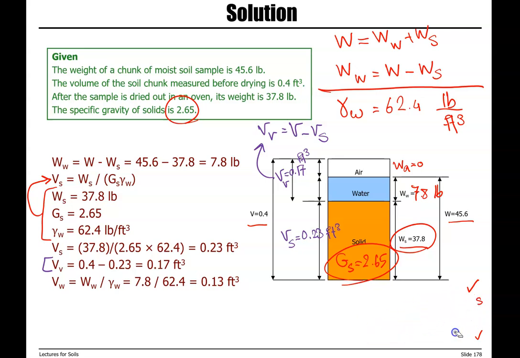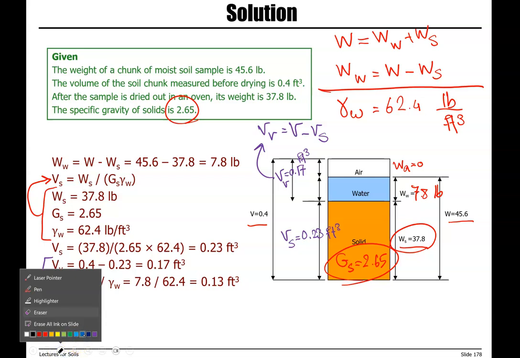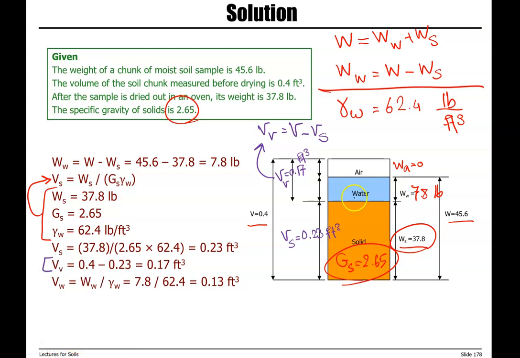Next, we need to calculate volume of water. And for water, a property that we have is gamma W of water is 62.4 pounds per cubic feet. And gamma W is weight of water divided by volume of water.